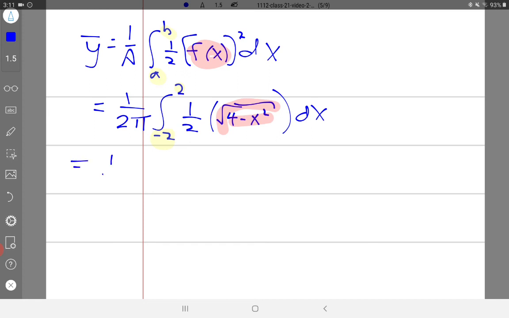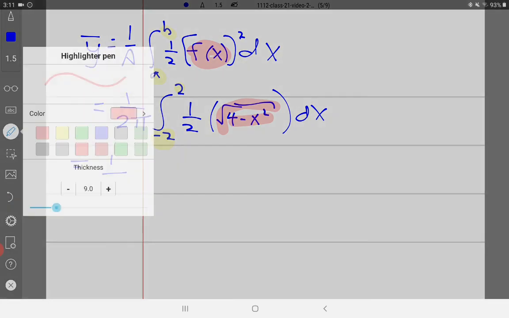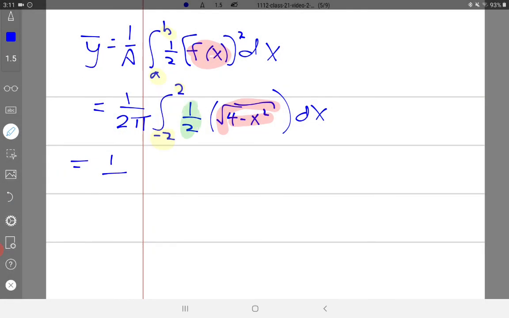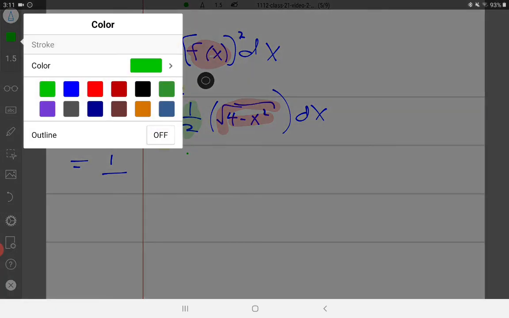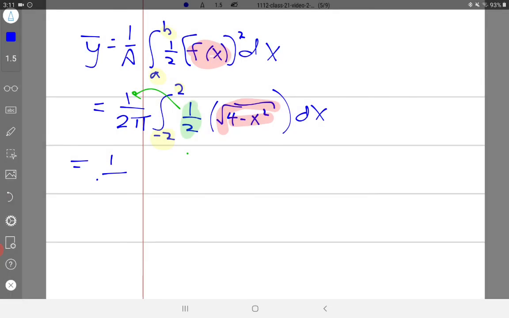And so, although this may look crazy or annoying for an integrand, this actually isn't so bad to integrate because the square root and the square perfectly cancel each other out nicely. And then I just thought of another thing I could do: that 1/2, I can pull that out in front and therefore write 1 over 4 pi times the integral from -2 to 2, and the square root squared is just 4 minus x squared itself.